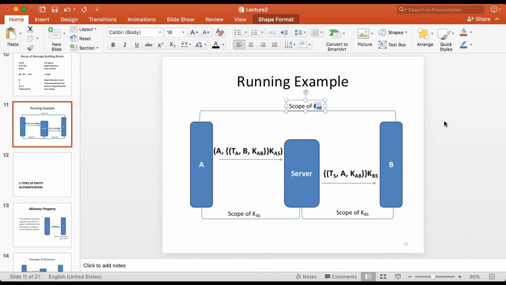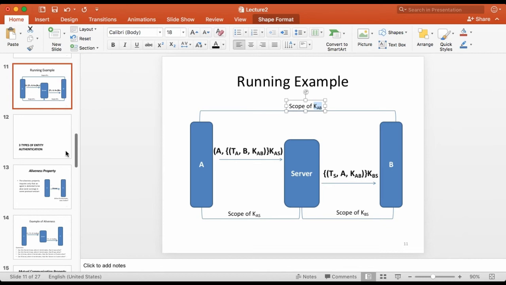Once you rerun it, the previous key KAB becomes invalid, and the new run of the protocol will establish a new session key, KAB prime, let's call it, for example.